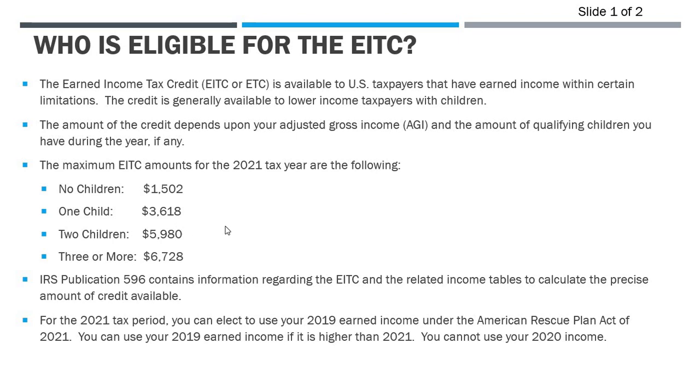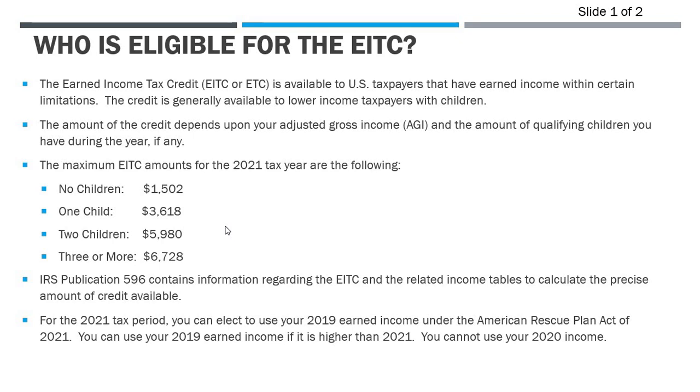The EITC is basically calculated on almost a dollar basis, meaning if you think about the child tax credit, if you've got a kid and they're over the age of 6, you get a check for $3,000, right? It's $3,000 per kid no matter what. The EITC doesn't work like that. It has a table that shows you very precisely how much of a credit you can get depending on where your income is.